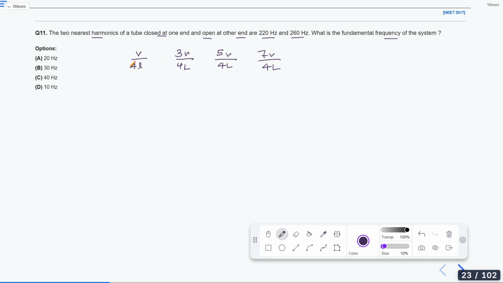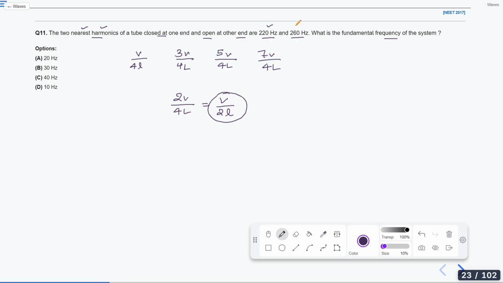So what is the difference in any two nearest harmonics? You can take any two of these. So that difference is 2V by 4L. That is V by 2L. Difference in the frequency of any two nearest harmonics is this.